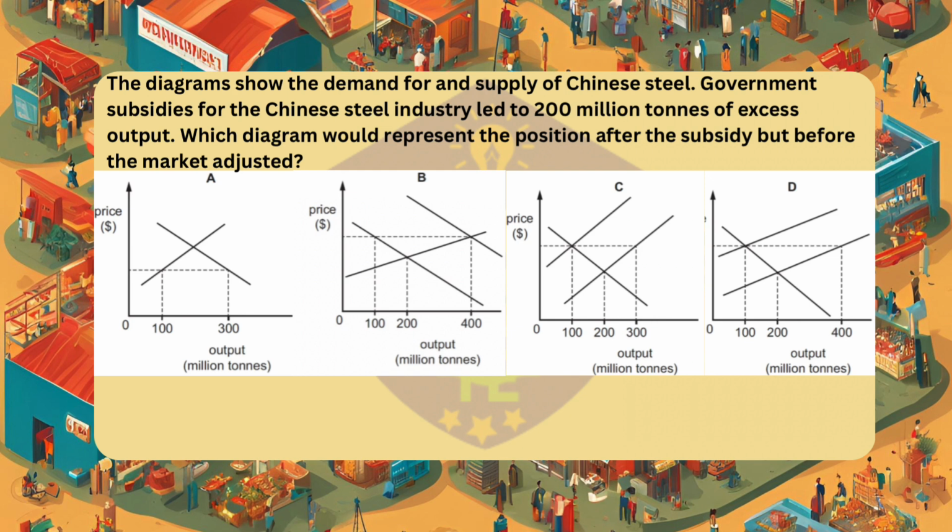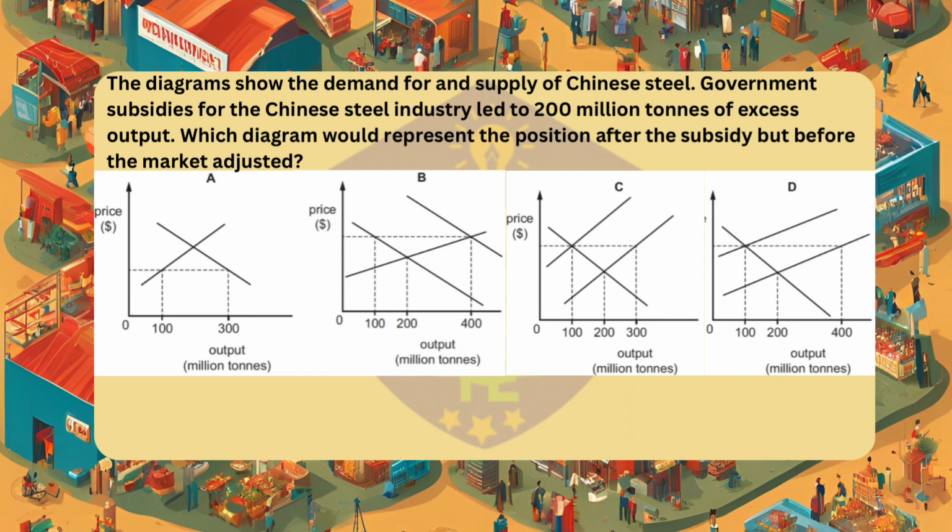Since the market has not yet adjusted, the price remains above the new equilibrium level, and the excess output represents the difference between the amount of steel being produced and the amount demanded by consumers. In terms of the diagram, the position after the subsidy but before the market adjusts would show the supply curve shifted to the right due to the subsidy. The price at which this excess output occurs would be above the equilibrium price, indicating a surplus.